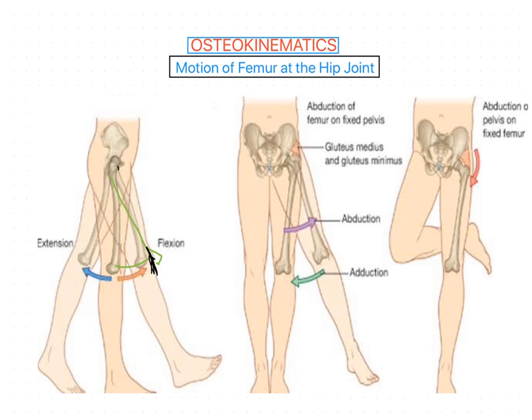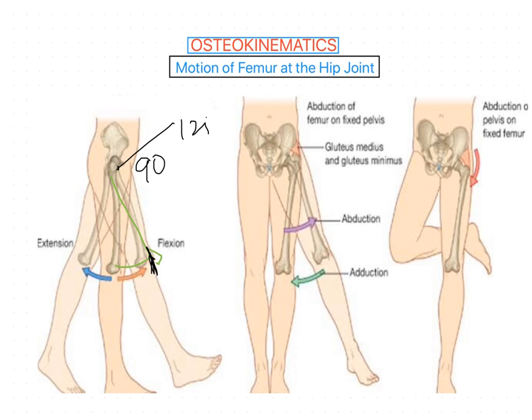So with the knee extended, the hip flexion is only 90 degrees. When the knee is flexed, the hamstring muscles are relaxed, so the tension created in the hamstring muscles is reduced, and the range of flexion increases to 125 to 130 degrees.